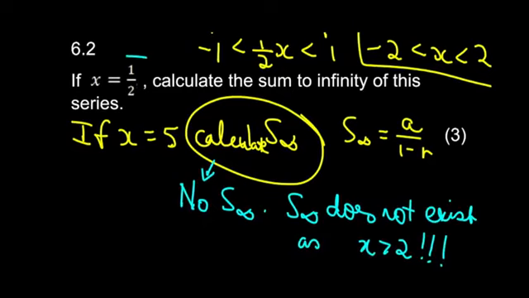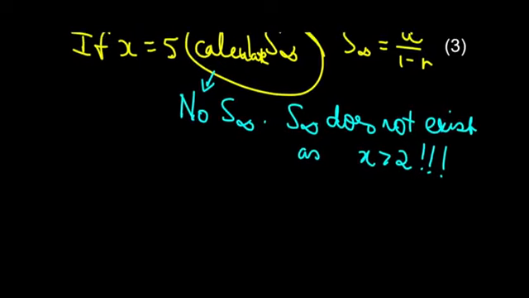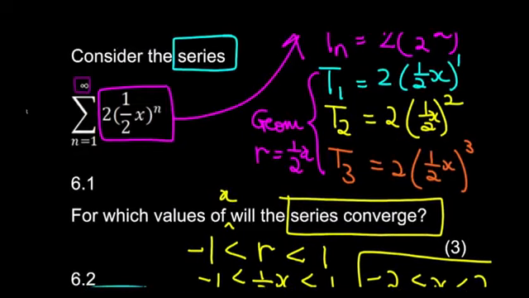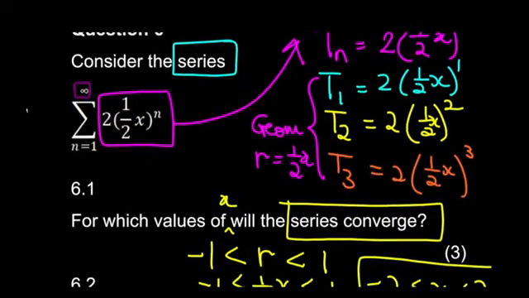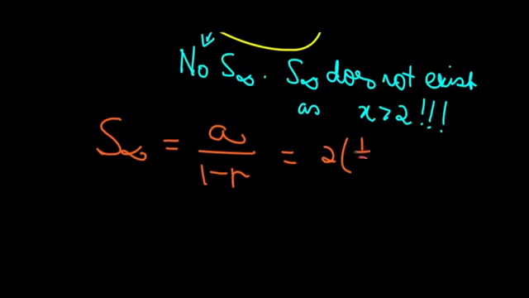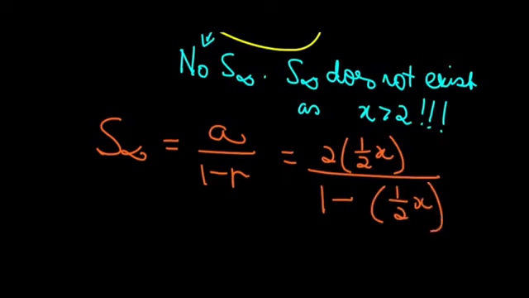Okay, and you would have said that from the previous statement. So the fact that they're giving me a half, I'm happy to calculate the sum to infinity. So the sum to infinity is equal to a over 1 minus r, and our a is, we've found out already, 2 times a half x, and our ratio is a half x. And they've said if x is a half.